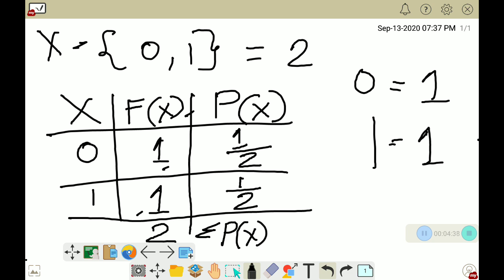When we say summation, we simply add all the probabilities of each random variable. So 1/2 plus 1/2 is 1. Note that the summation of all the probabilities of your random variable x should be equal to 1.